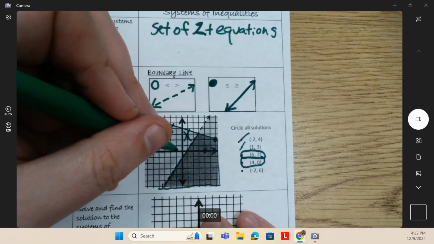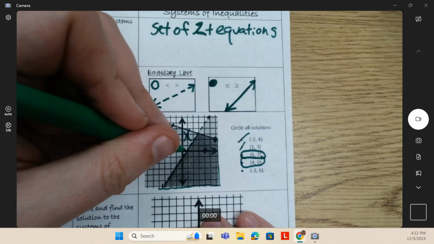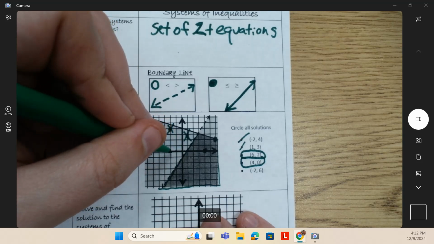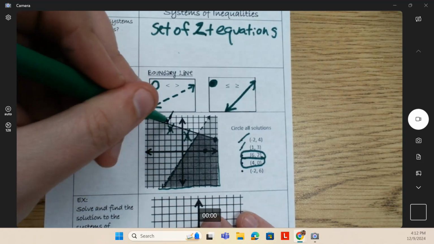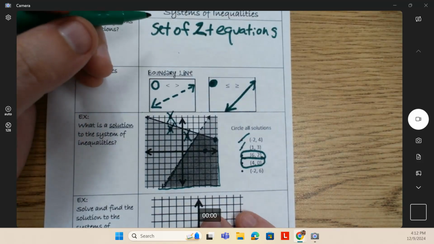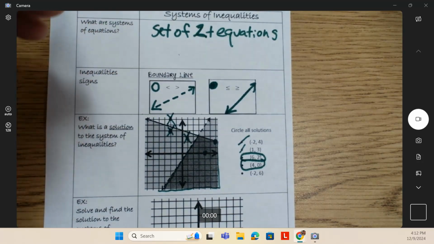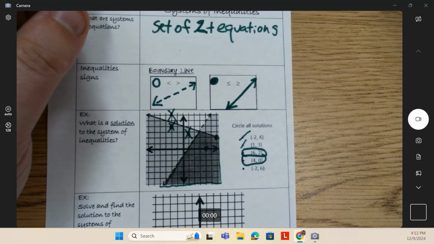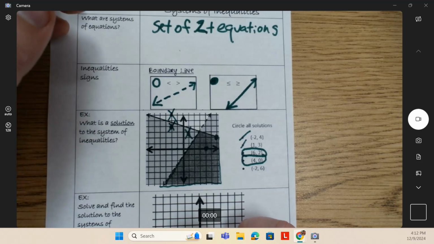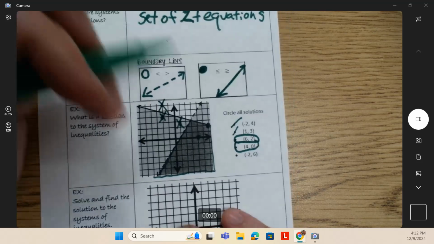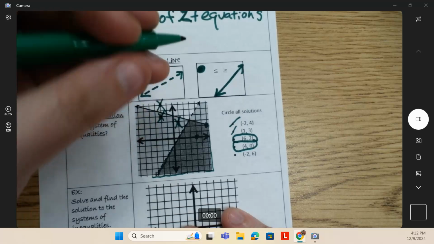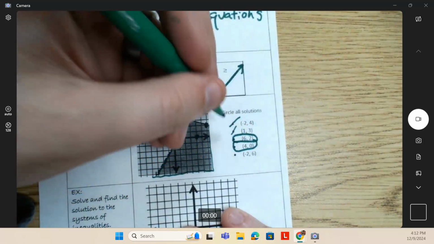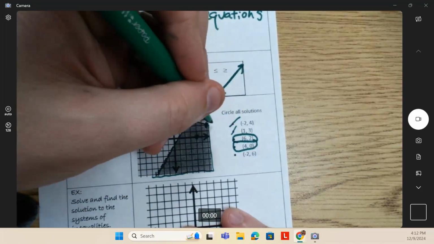And then negative 2, up 6 would be up here, and that doesn't work. That is out of the way for all of them. So looking for a solution to it is just finding anything that's a dot that is on the solid line or inside the shaded area.